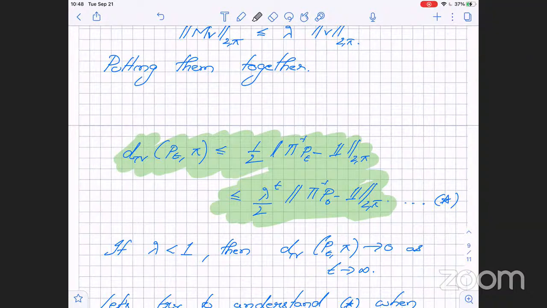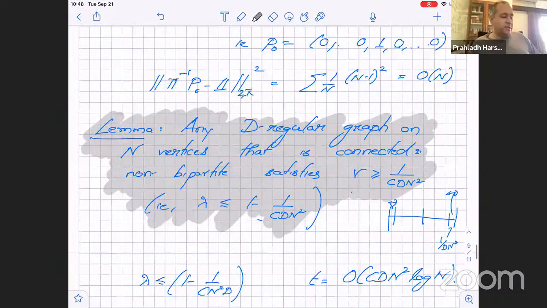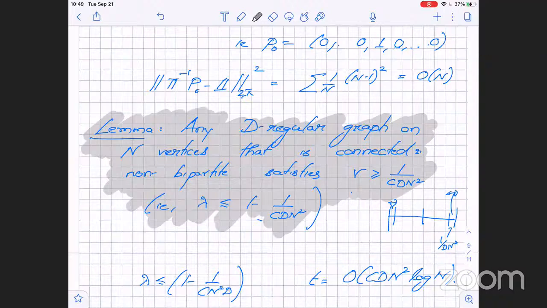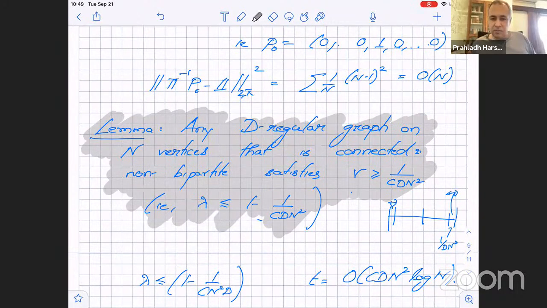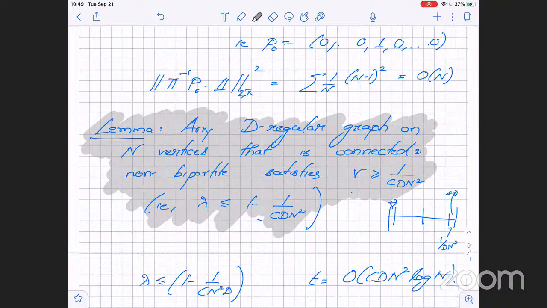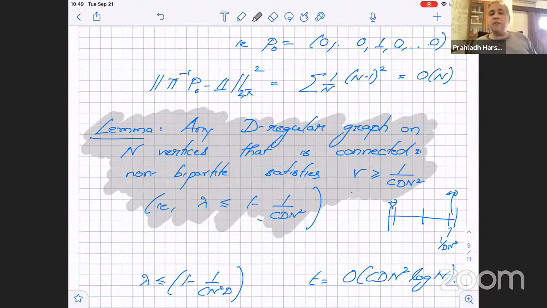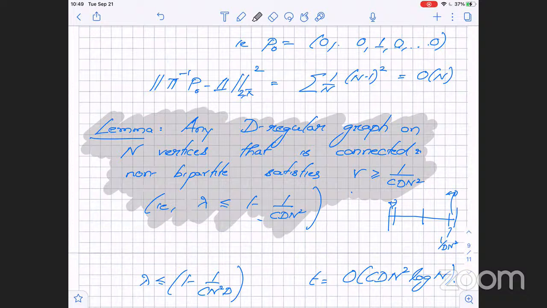I didn't get why we had to add connected and non-bipartite in that theorem when we had stated that gamma is... No, this lemma is not true otherwise. So we also say that gamma is lower bounded by some 1 over cd n squared. Yeah. If it is not connected, gamma will be 0.